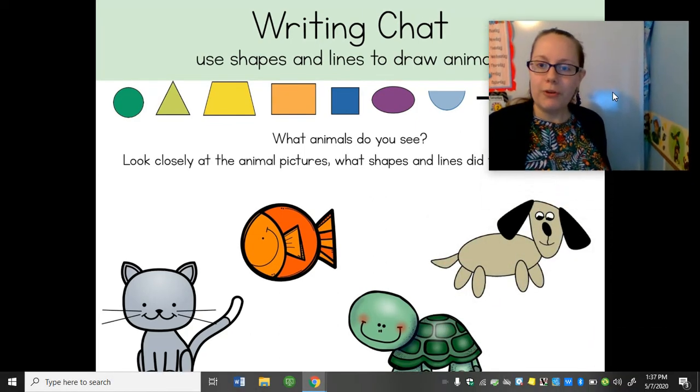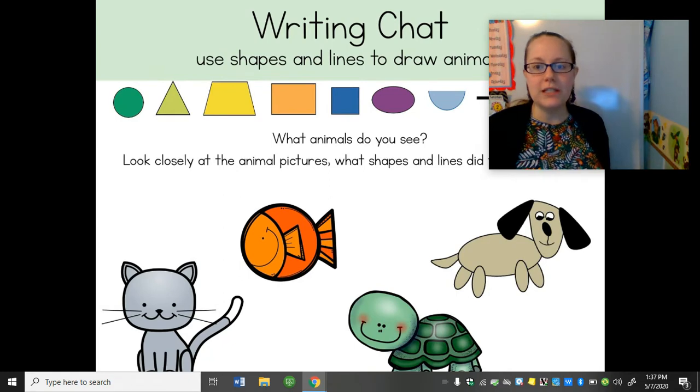Now, boys and girls, what I want you to do is take a look at these animals. Which ones do you see here? Can you name them for me? That's right. There's a cat, there's a fish, there's a dog, and a turtle. Now I want you to look very closely at these animal pictures.